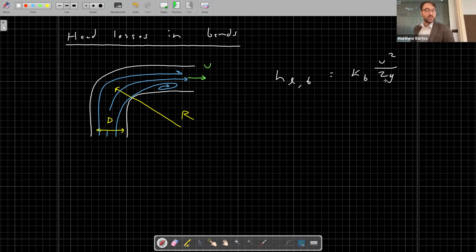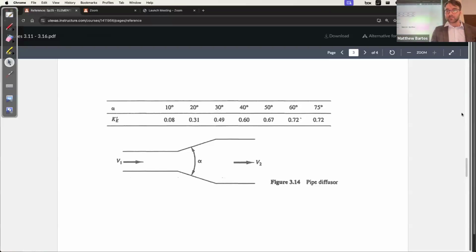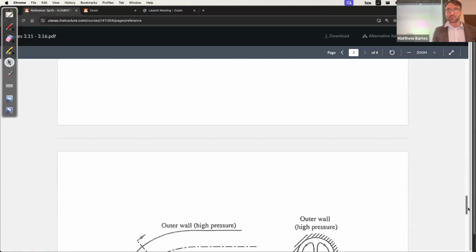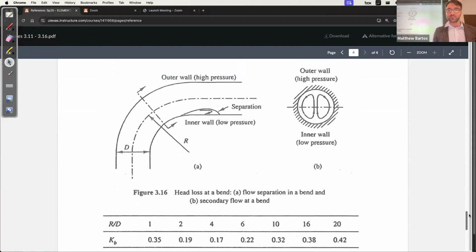The bend coefficient depends on, in general, the ratio of the radius of the bend to the diameter of the pipe. So I'll show a table shortly. But again, it's kind of the same story here. So if we go to our tables, there should be a table here showing the different bend loss coefficients.